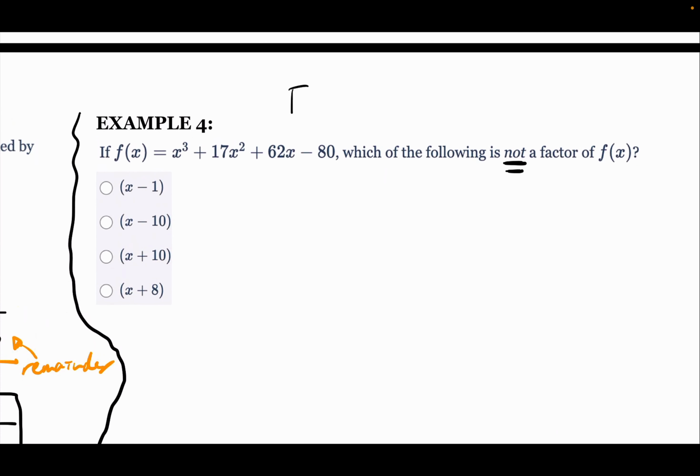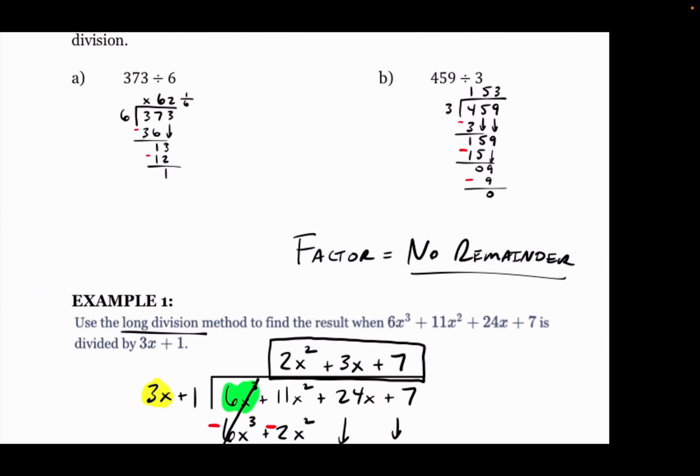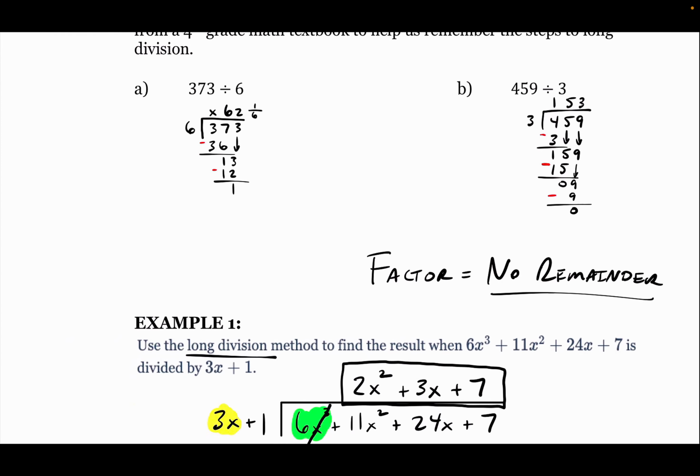So what does it mean when it says a factor? We talked, let me pull up the notes from last time. Remember we said 3 is a factor of 459, but 6 is not a factor of 373. We said a factor means no remainder.